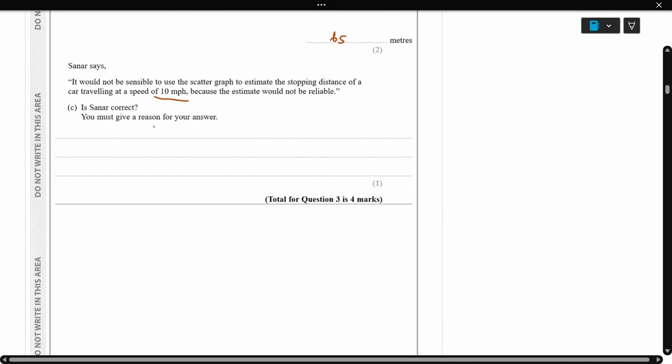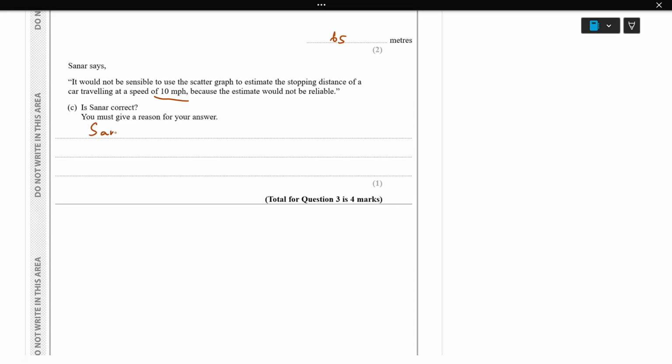So Sana is correct, because the graph starts at 20 mph. That's the answer here.